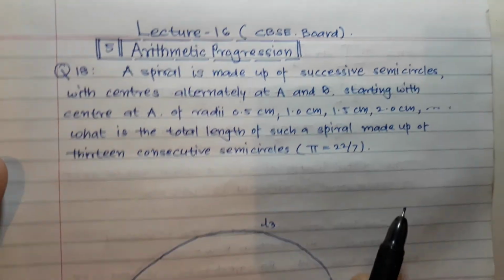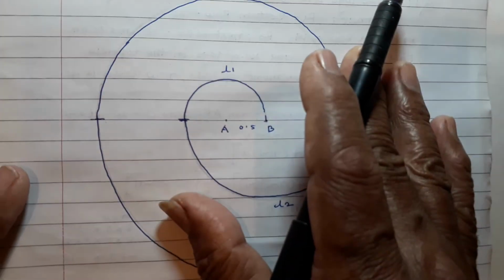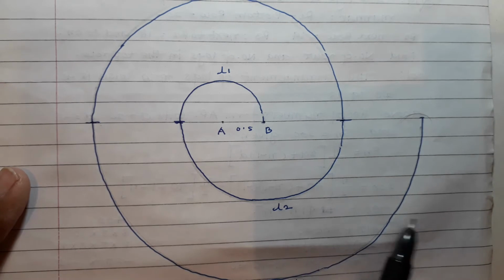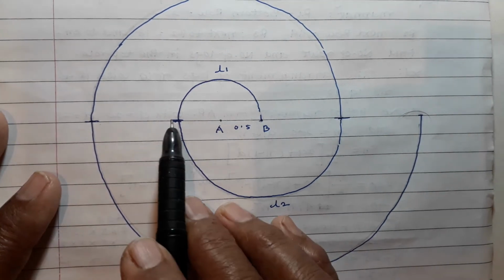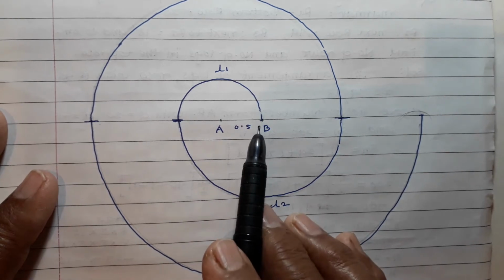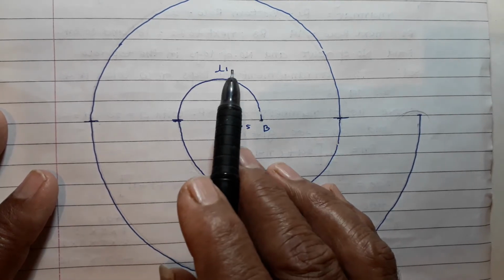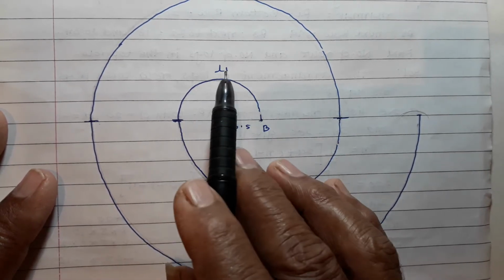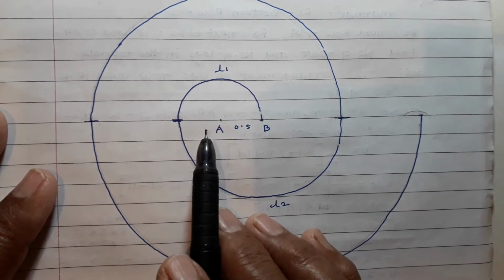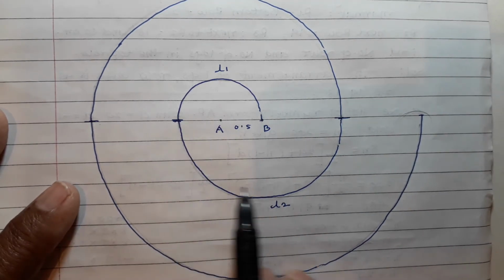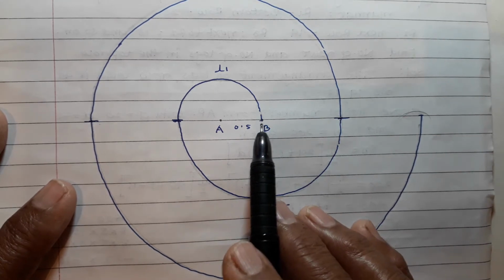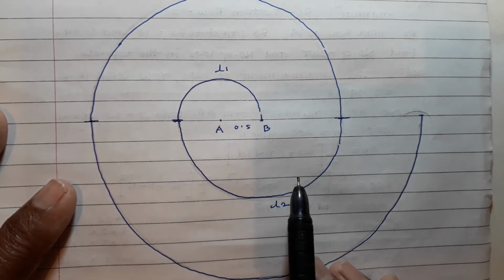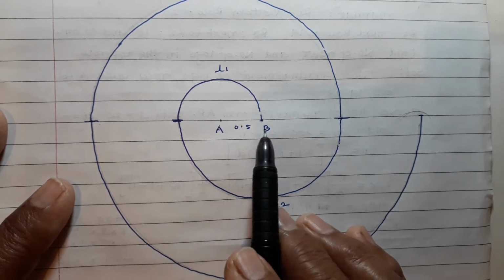Now try to understand the figure. This is center A and this is a semicircle. Let the length of this semicircle be L1. Then for this semicircle, B is the center and the radius is 1 centimeter.